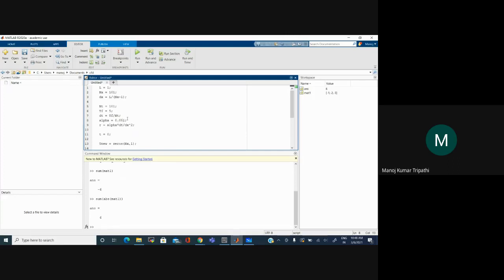But will it converge if it is 0.001? Can you write in this chat window whether it will converge if I take, let's say, 0.1? Will it be unstable or stable?